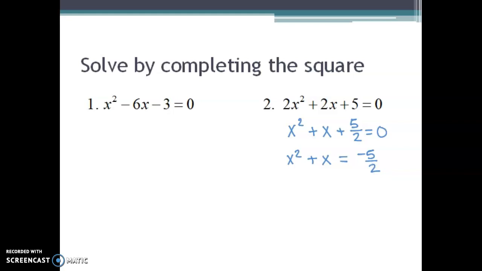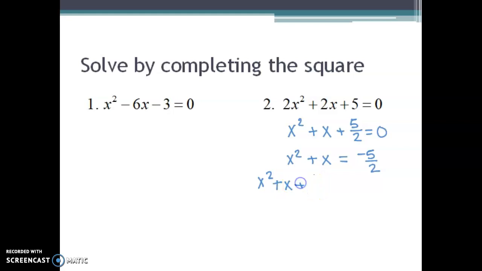Okay, so now that we have that, we're going to actually complete the square. What that means, again, is when you're looking at this, you're trying to make this side factorable. And so we have to add something to both sides to make it factorable into two quantities that are the same.